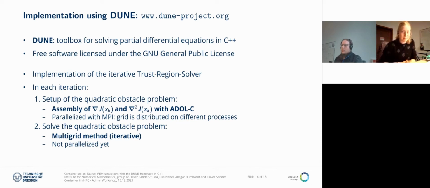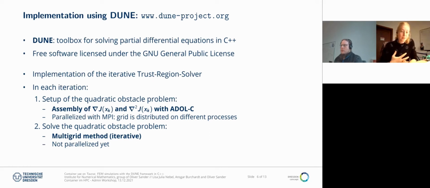Maybe you know that, one of the most famous ones. And this step is parallelized with MPI. So we have the grid distributed on different processes, and then each process evaluates the first and the second derivatives exactly at the points that this process is responsible for, and then fills the values into the vector matrix structure that we obtain afterwards.